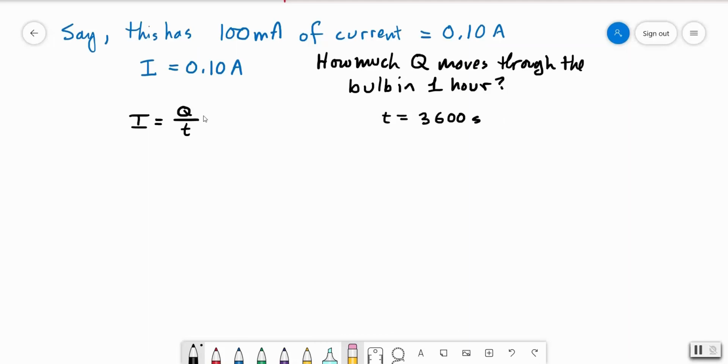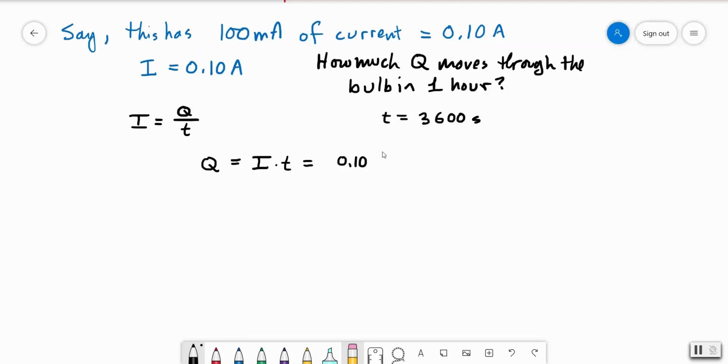Now, if we want to solve for charge, in order to get rid of this pesky t, we need to multiply both sides of our equation times t, which means we would get our current times the time, and that is going to equal 0.10 amps.